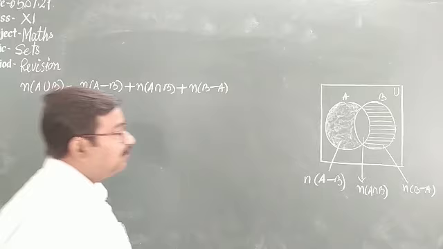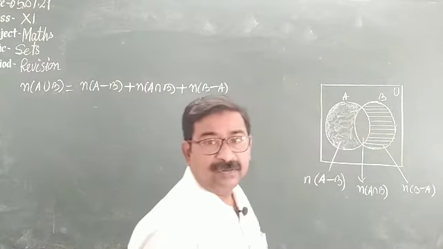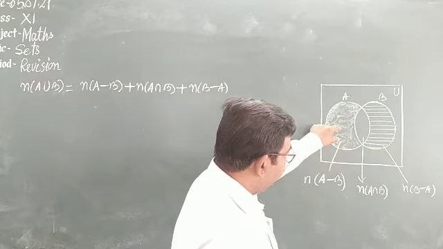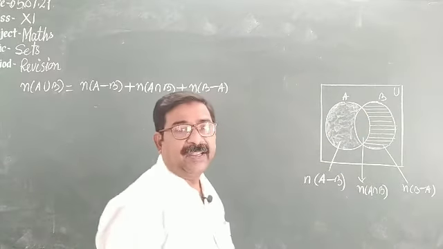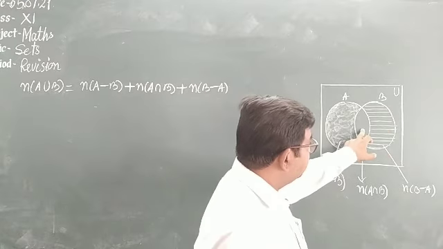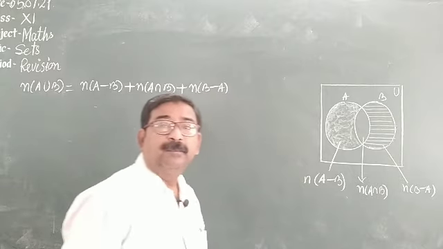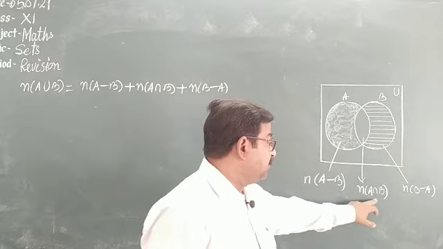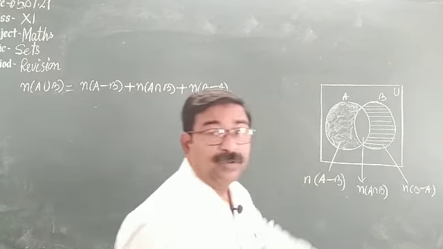Let's see. When we combine this A minus B with the intersection portion, what will happen? N(A minus B) and A intersection B combine to form set A. And when we combine A intersection B with B minus A, it forms set B. But we have A intersection B only once. So how can we add it in both of these?